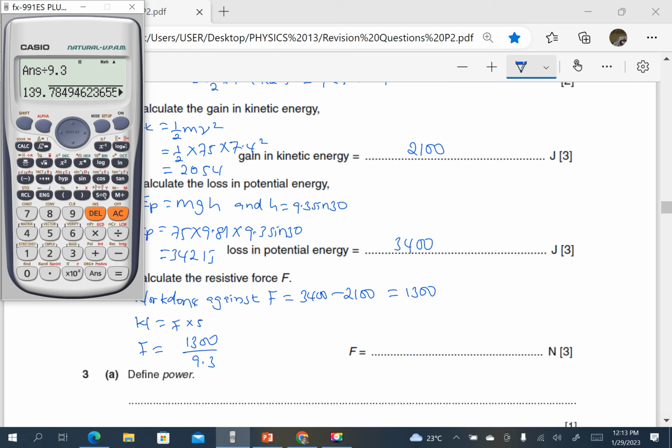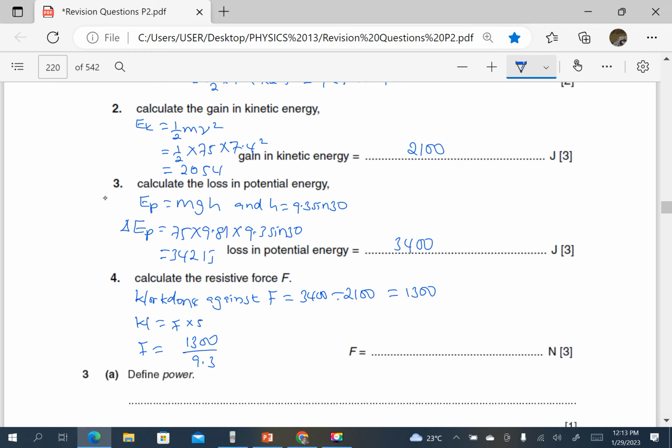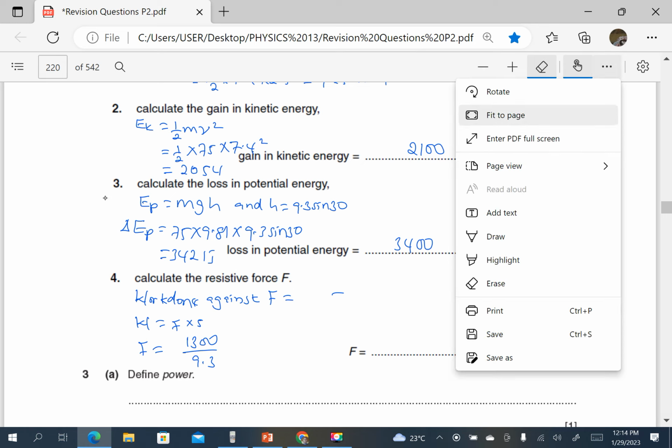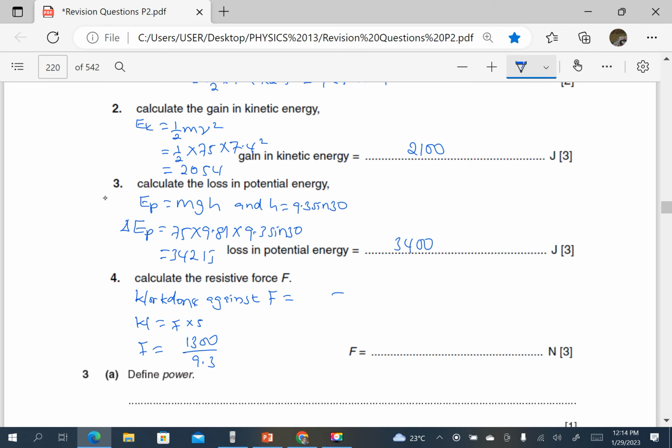Is it 139? That is too small. Let me check. Let me use more original values. I'll not use this. I change them to more exact values. It is very dangerous to use rounded off values on the next steps of the question.